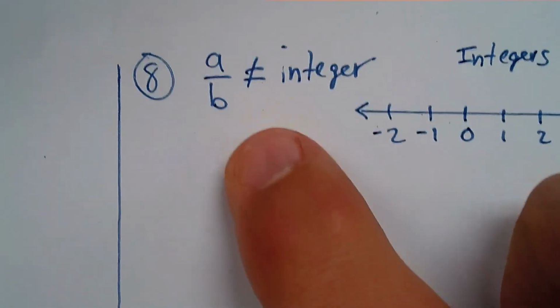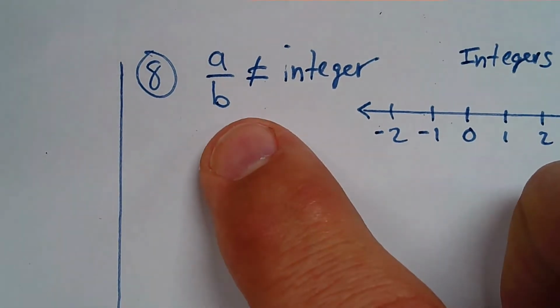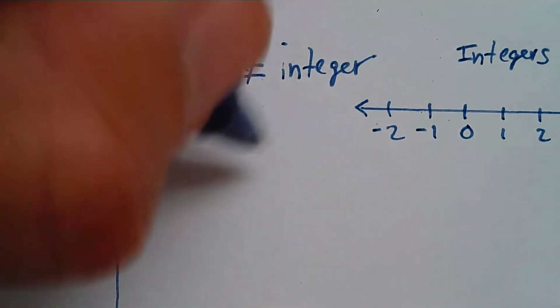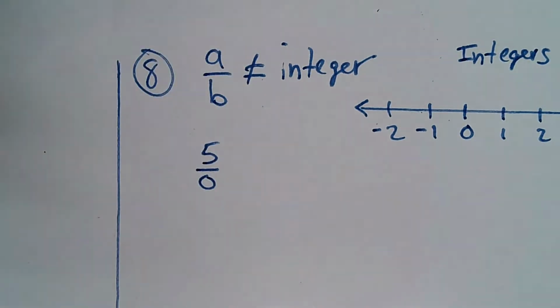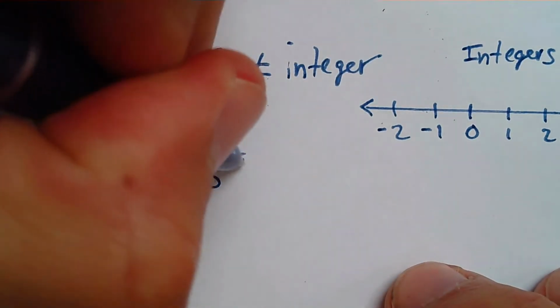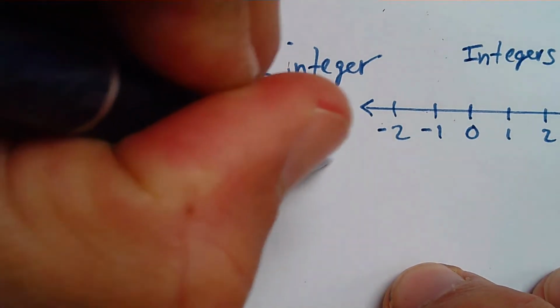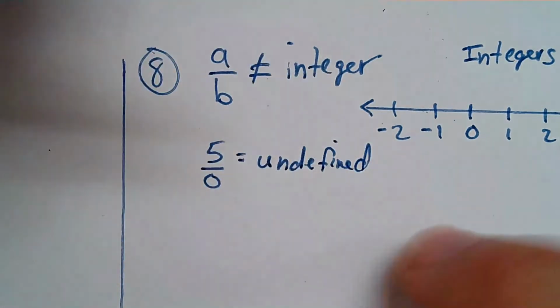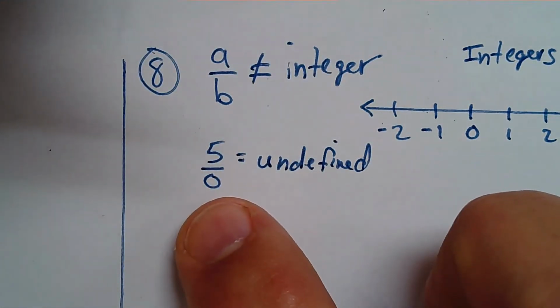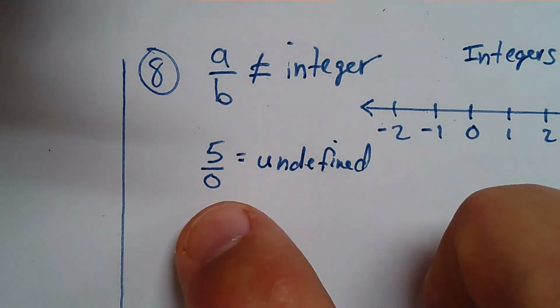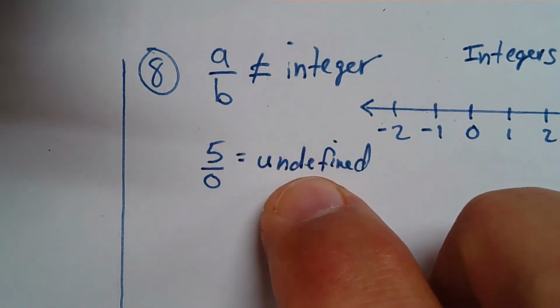So when is this not an integer? When b is 0, because take a number like 5 divided by 0. What is 5 divided by 0? You don't want to say it's 0, but it's not. It's actually called undefined. You can't divide by 0. You can take 0 divided by a number, and that's 0, but any number divided by 0 is undefined, it's an error.